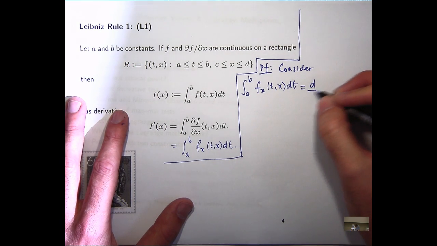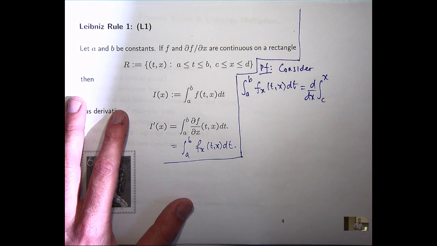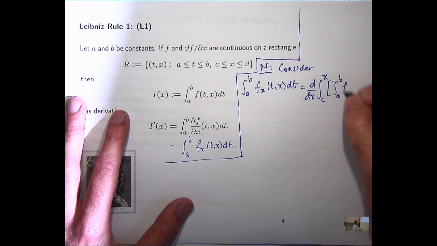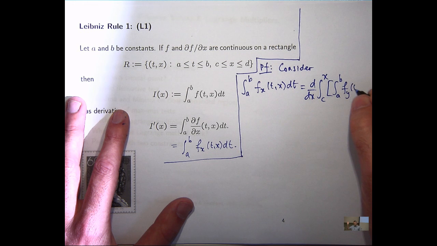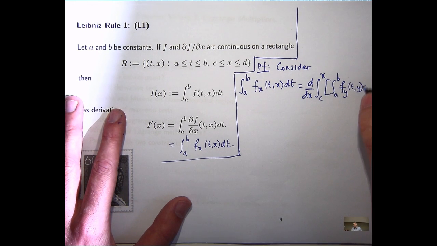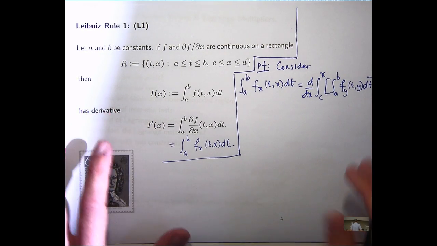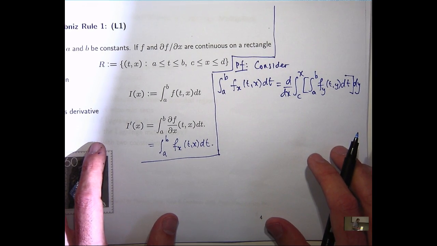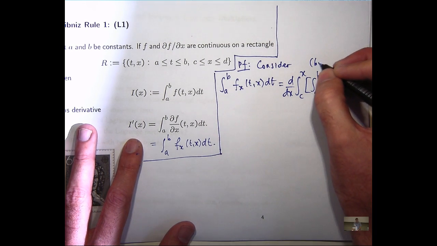So what I can do is just write this. And I'm going to change these x's here because this is where my variable is lying now. So I've got a little dummy variable in here. So that's by the fundamental theorem of calculus.